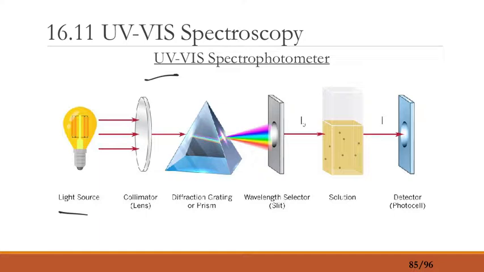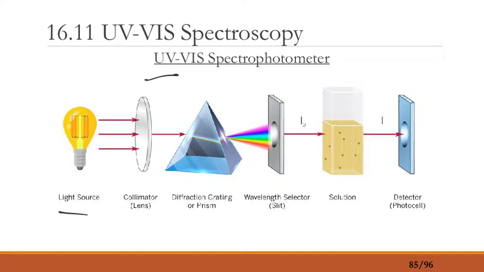The next step is a wavelength selector. As the instrument is scanning the sample, it's going to use the wavelength selector to incrementally go from ultraviolet to the visible, the violet or blue region, and then all the way to the red.